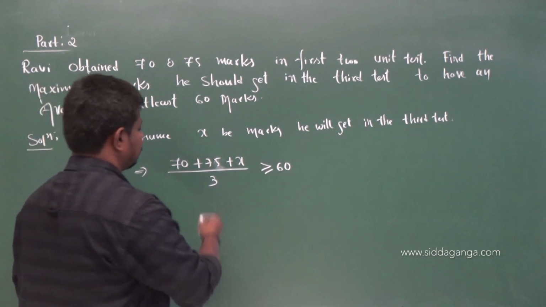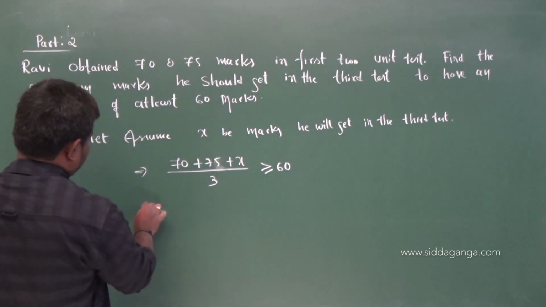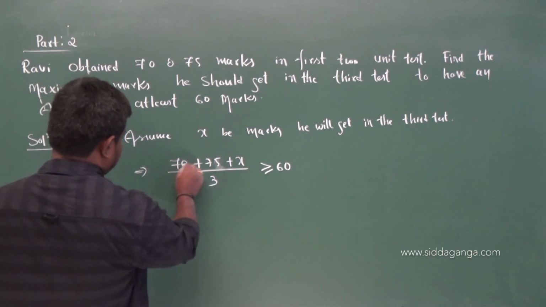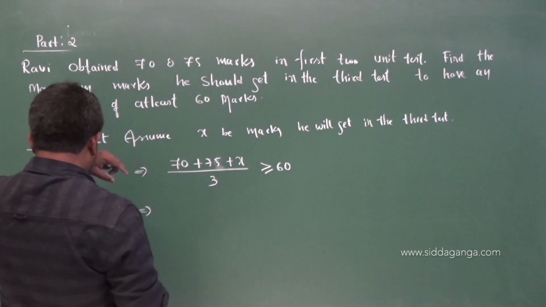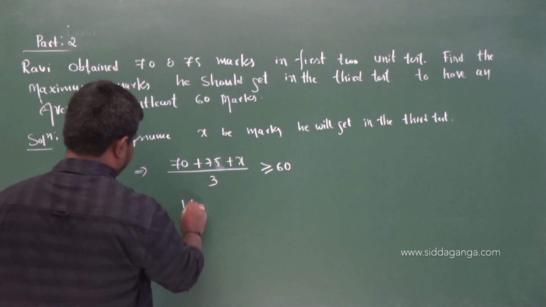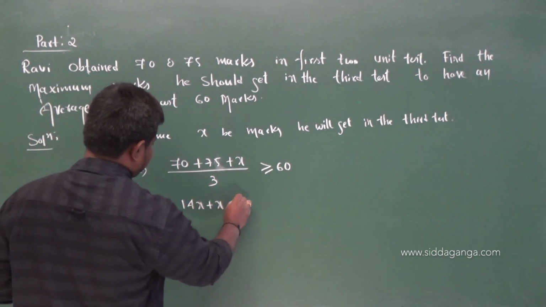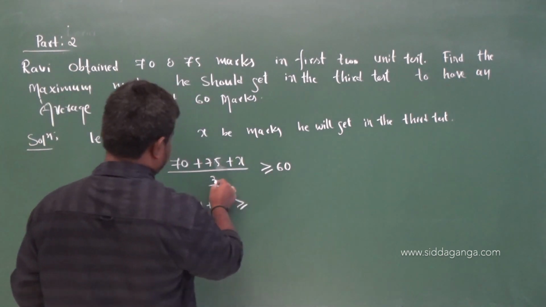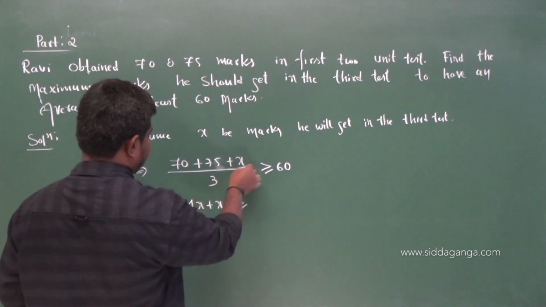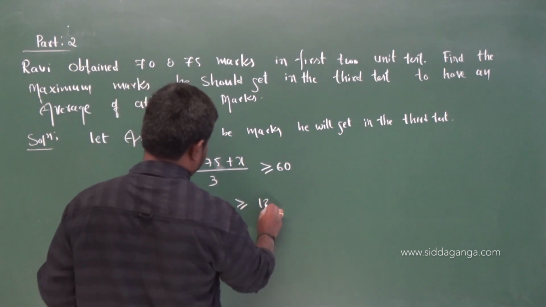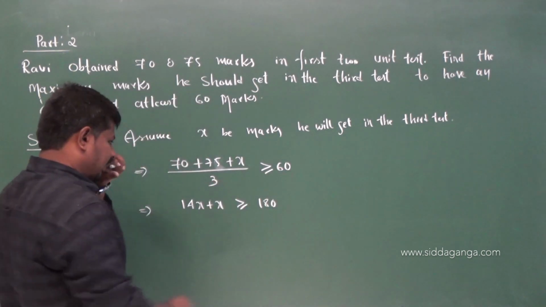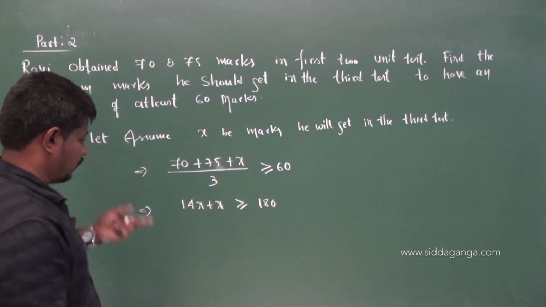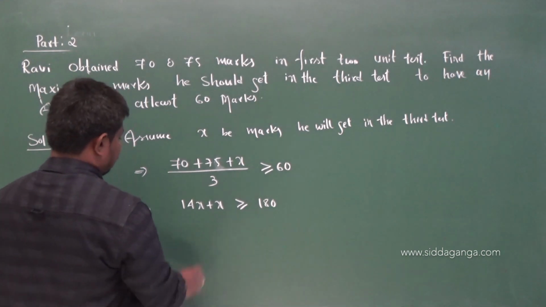Therefore, let us solve this by using the inequality rules. Multiplying by 3 on both sides, 70 plus 75, 145, plus x is greater than or equal to 60 into 3. The 3 gets cancelled, and it is 60 into 3, 180.